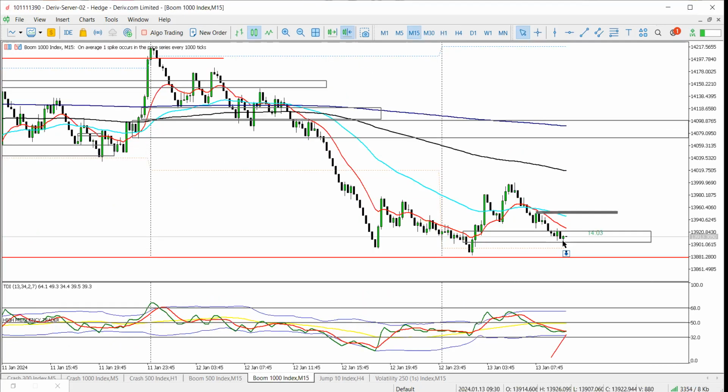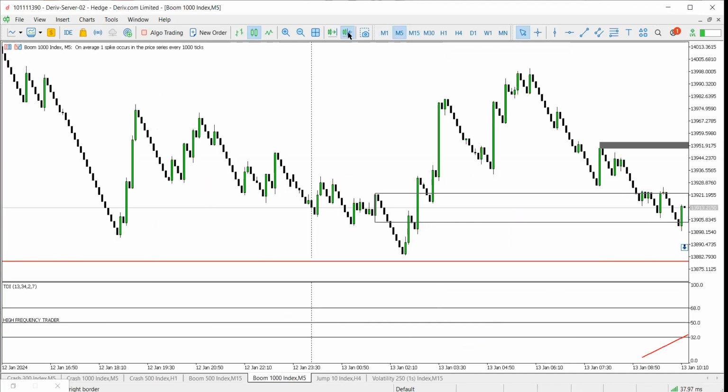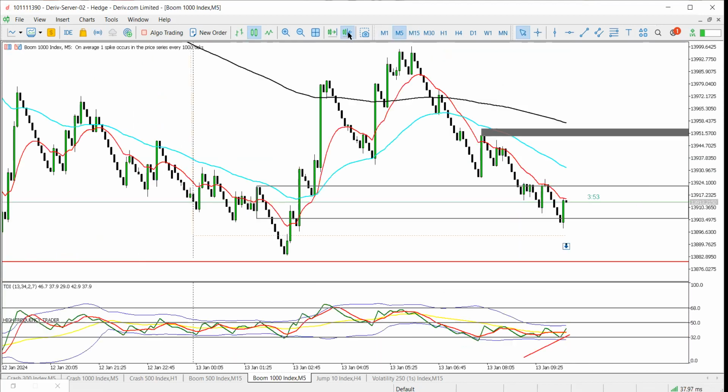So B1, you can see they just spiked after we closed. Still skeptical about the setup, but at the same time, I still feel like they will push. Let's see. So we want, okay, I need a close above 13,925.